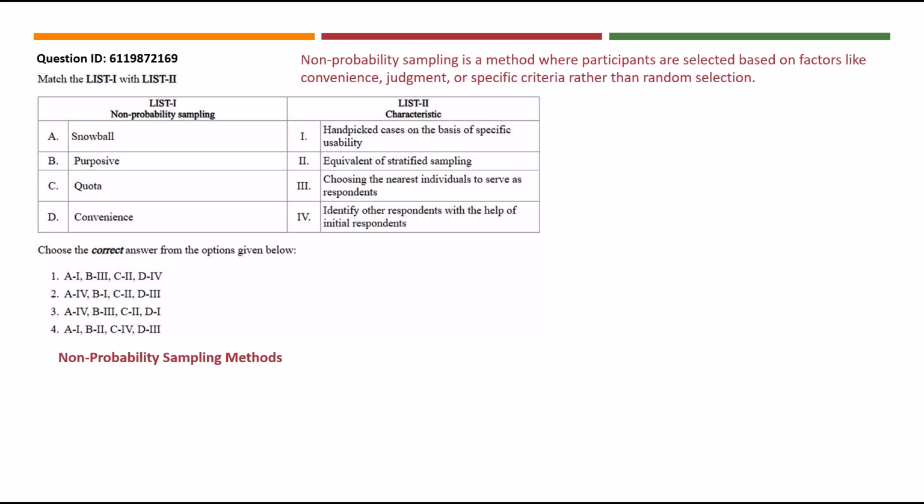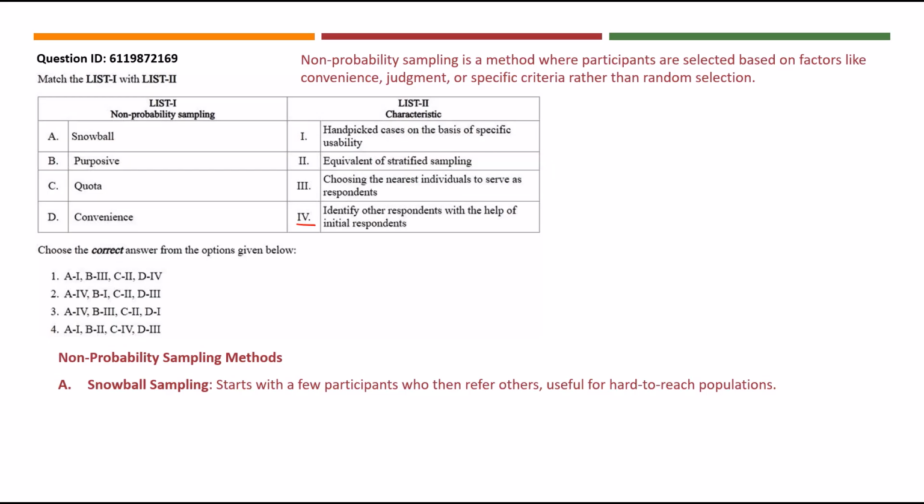Let's see about the non-probability sampling methods given in this particular match. Snowball sampling starts with a few participants who then refer others, useful for hard to reach populations. You are starting with some initial respondents and then you are reaching other respondents. This is actually matching with statement 4. This characteristic states identify other respondents with the help of initial respondents.